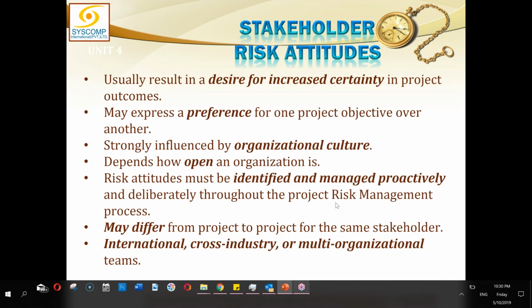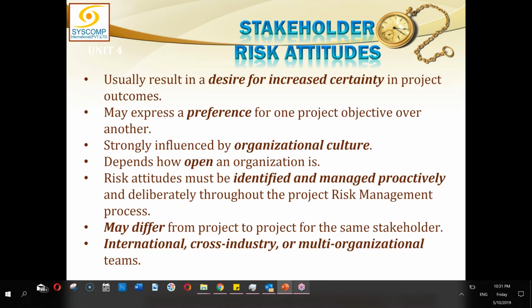Usually, it results in a desire for increased certainty in the project outcomes. So, regarding stakeholders' risk attitude, stakeholders would like to be certain about things. They want to know everything about the project, especially of their interest.